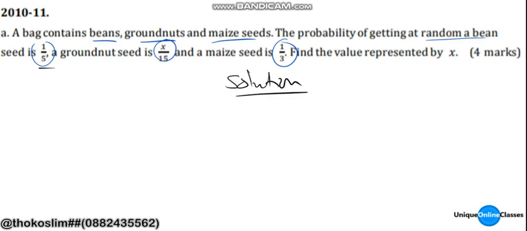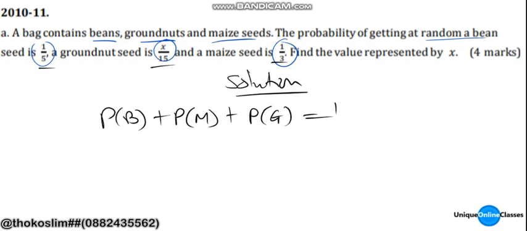Mind you, these are the probabilities. And for a certainty, P beans plus P maize plus P groundnuts is 1.